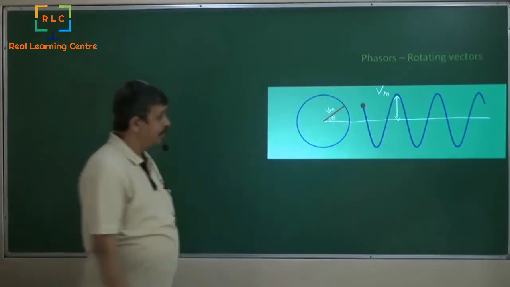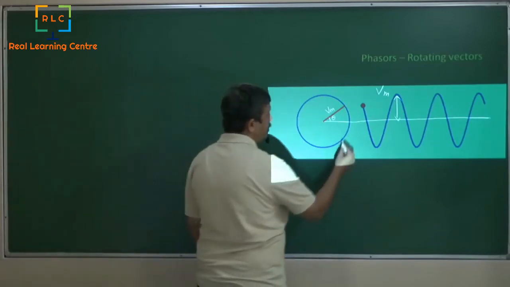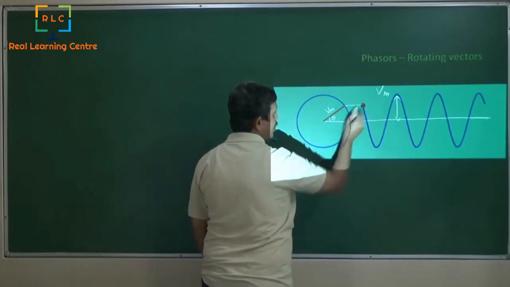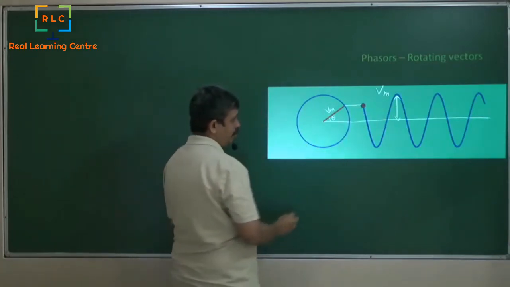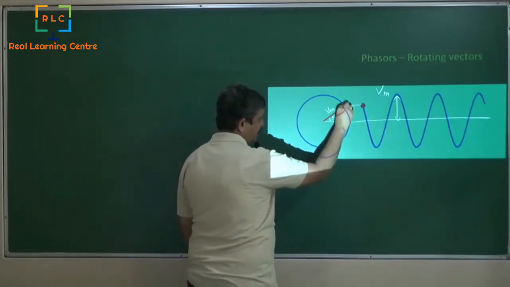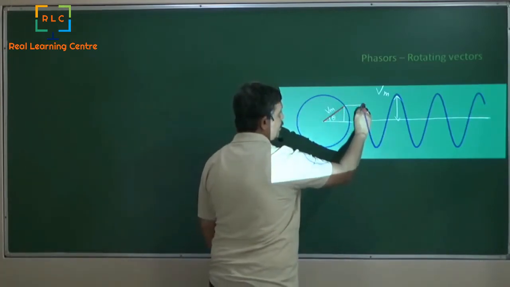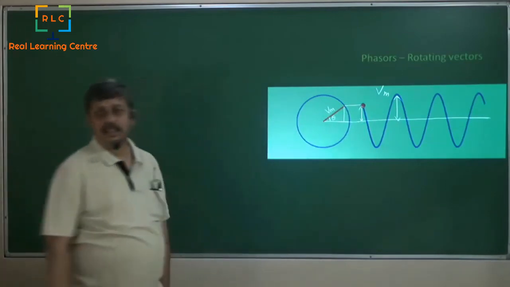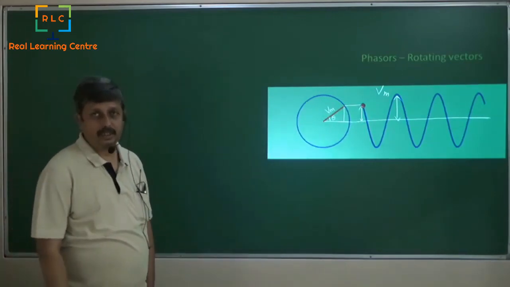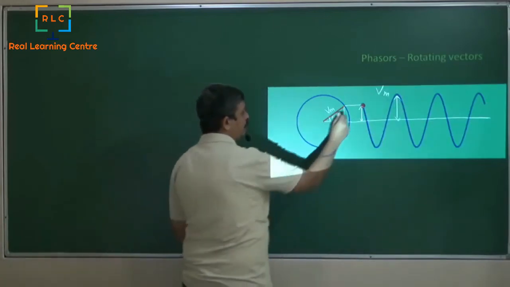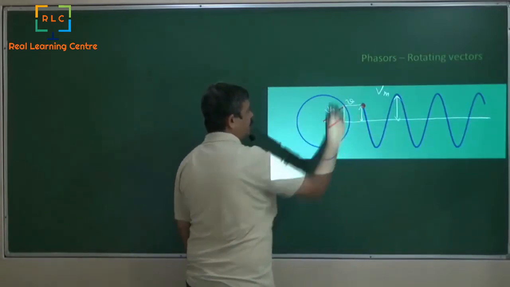Then if I take any point in time, here or here, and draw a line like this, this height is what I call the actual voltage at that point. The voltage keeps varying like this. So we call this V, the actual voltage.